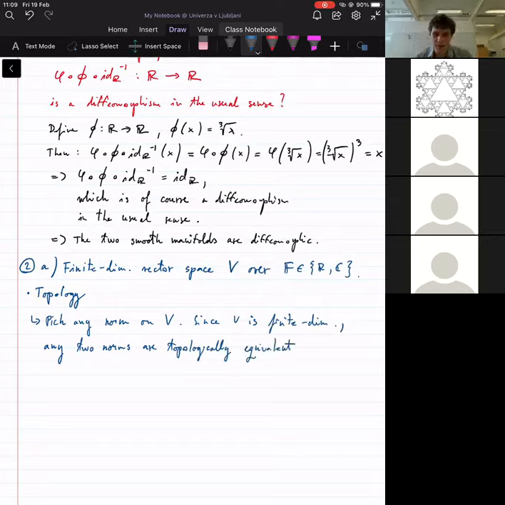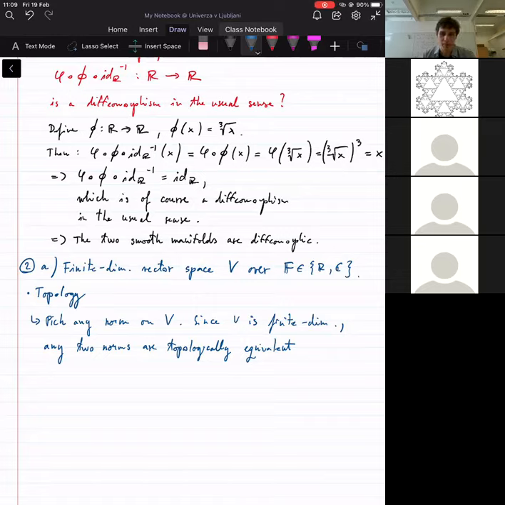This means nothing else but the fact that they give birth to the same open sets. So the open balls, whichever norm you take is going to be equivalent to any other norm you take. And of course, norms exist on vector spaces, right?